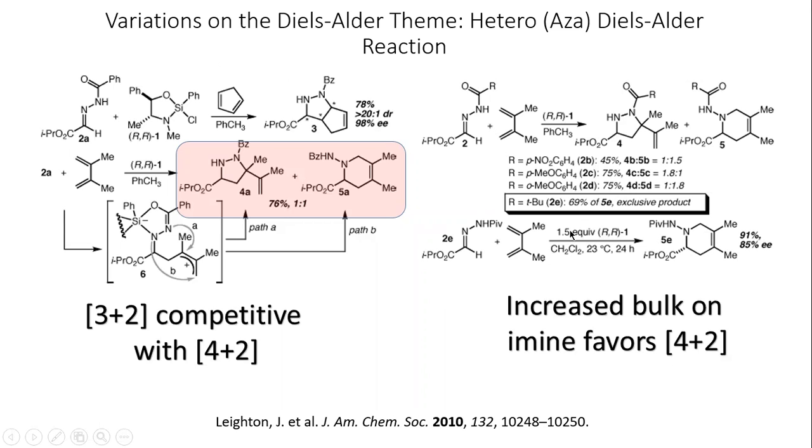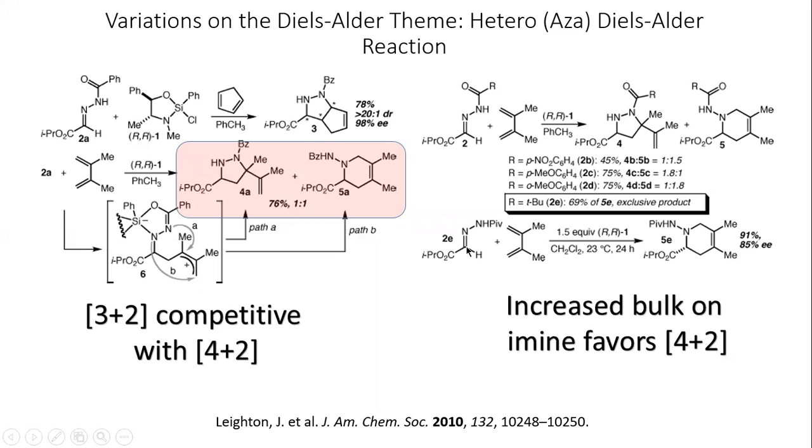The ratio would be 1 to 0.01 or 0.1 or 0.5 or something like that. But since you're using this in a stoichiometric amount, then it's not catalytic. So let me apologize for misspeaking there, because we've talked about that before when we talked about organo-catalyzed reactions, which is this is an organo-promoted Diels-Alder reaction, right?